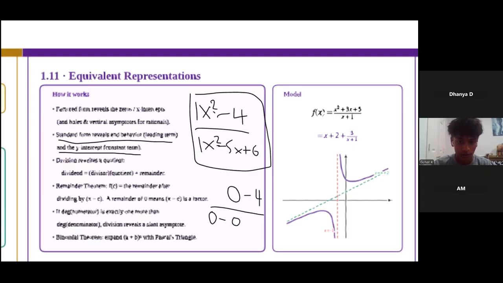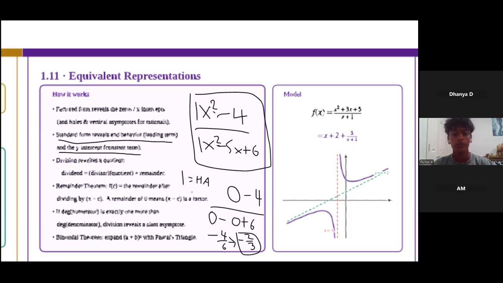So the y-intercept for this graph is negative 4 over 6, which is negative 2 over 3. Therefore, from the standard form, we can find the end behavior, which, since it's the same degree on top and bottom and 1 over 1, is 1. And then we can find our y-intercept, which is negative 2 over 3.